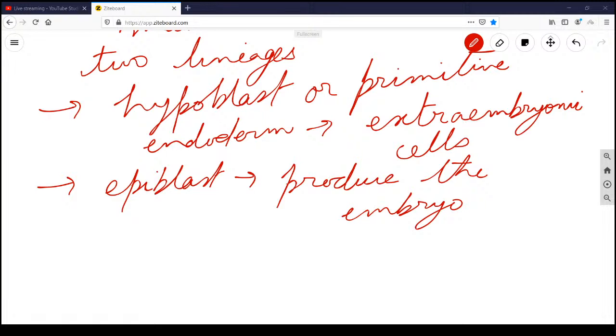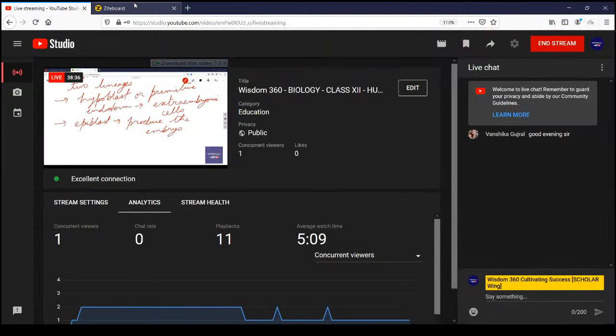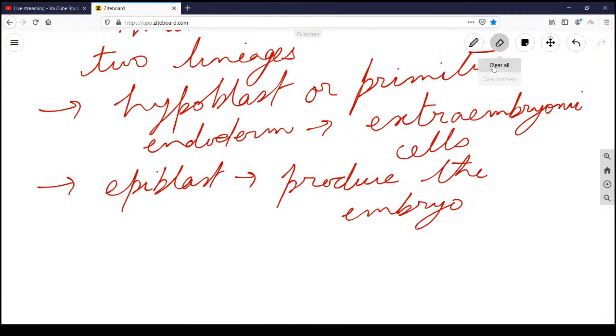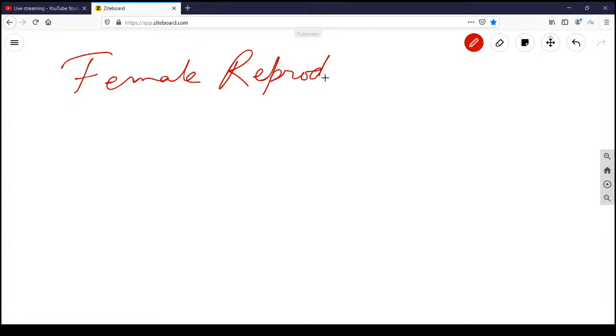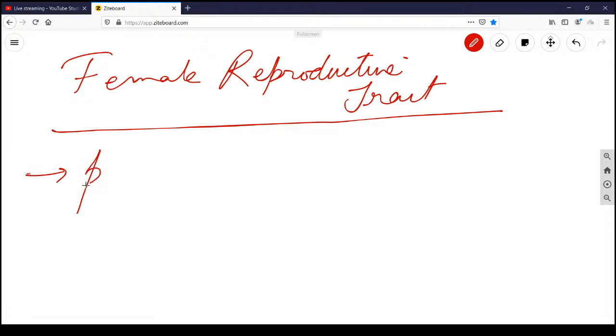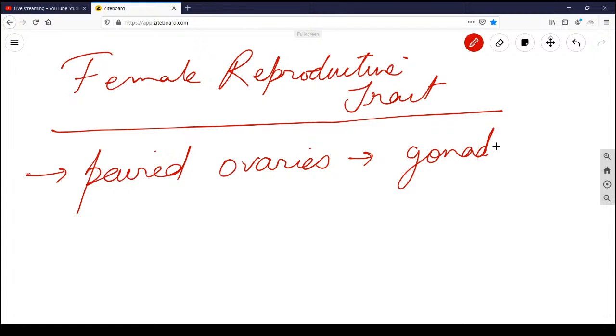The paired ovaries are also known as female gonads. Gonads or ovaries are the same only.